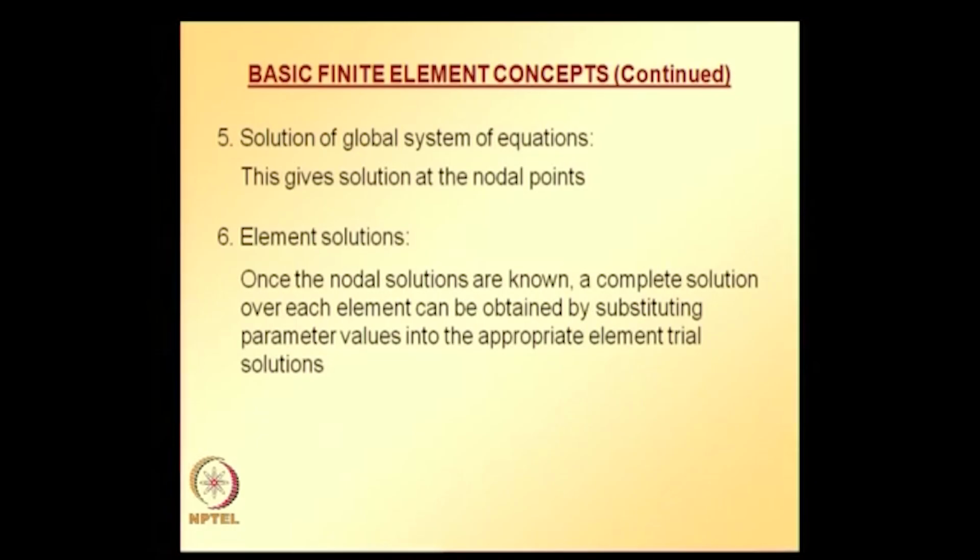Once you get the nodal values, you go to each element, and the solution over each element can be obtained by substituting the corresponding values. For a particular element, not all the nodal values may be appropriate, so whatever values are appropriate for that element, substitute into the trial solution for that element, and you get the approximate solution and also the derivative of the approximate solution.